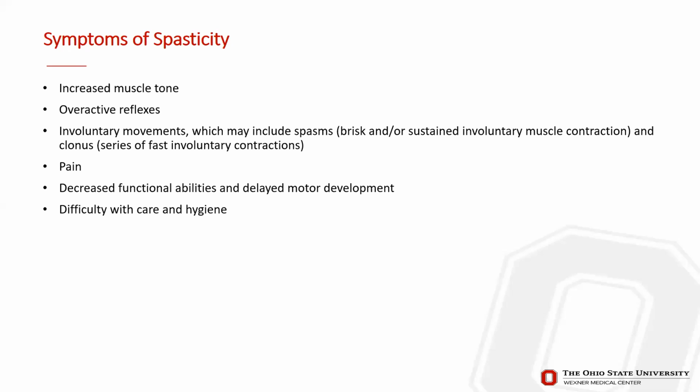But it can also affect how you're putting on clothes. If your arm is clamped down or if your legs are clamped together, it's going to be really hard to pull pants over things or pull shirts on over your arms. So it can definitely cause some trouble with care. Other things we talk about is abnormal posturing.